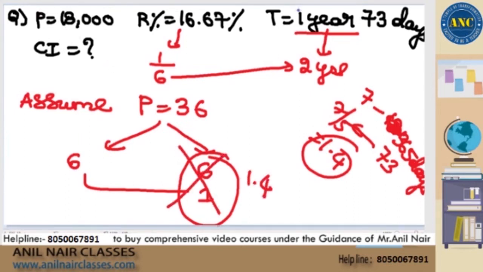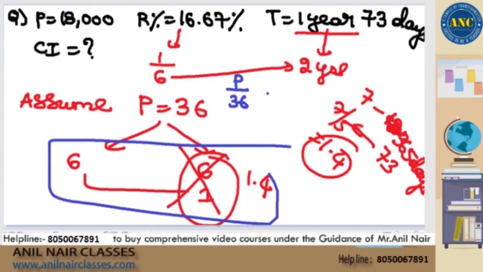So if the principal is 36, total CI will be 6 plus 1.4, 7.4. But according to the question, it is 18,000. 7.4 into 500. I hope it is clear.